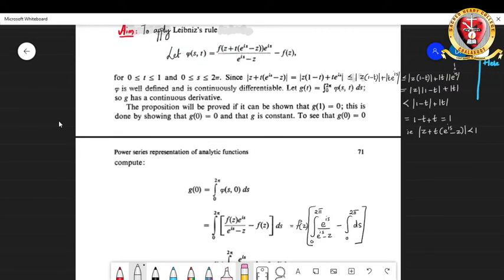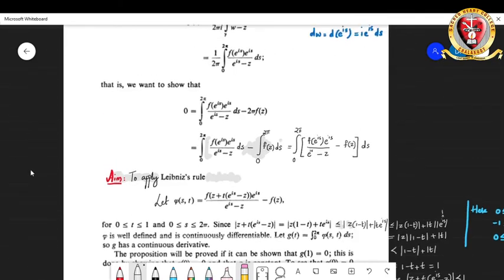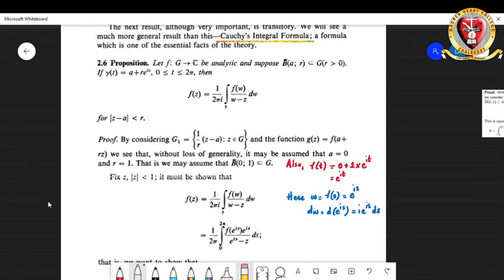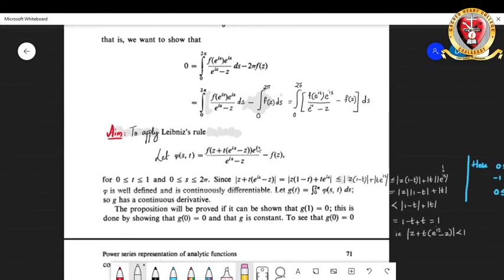And also it is continuously differentiable because our function f is said to be analytic, and you have a combination of f and e^{is} coming here. In the denominator, you have e^{is} − z, and they will never be zero. Why? Because this z is coming from inside the unit circle and e^{is} will be on the boundary, so they will never coincide.